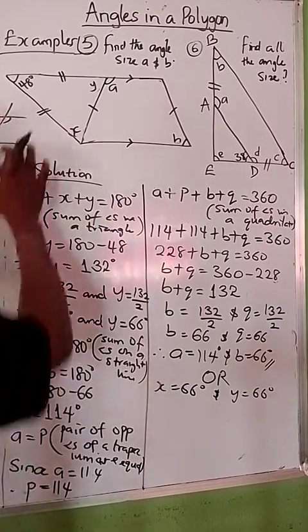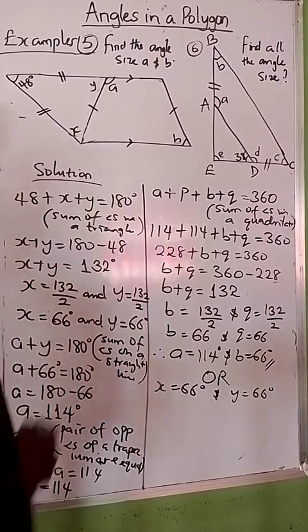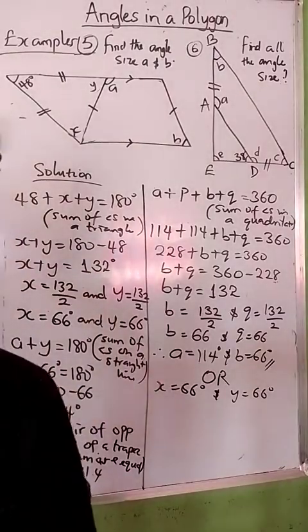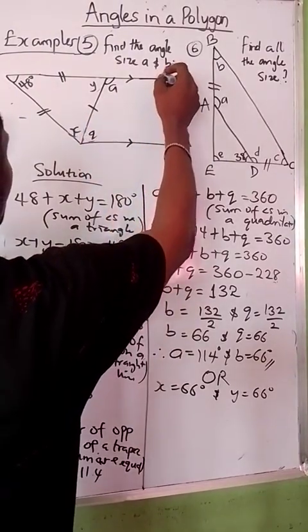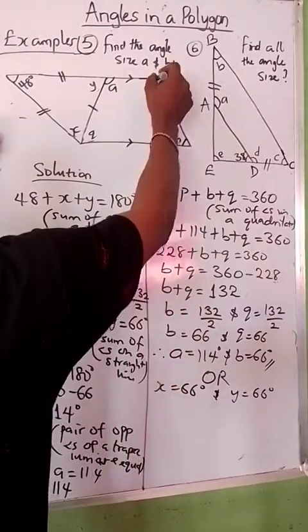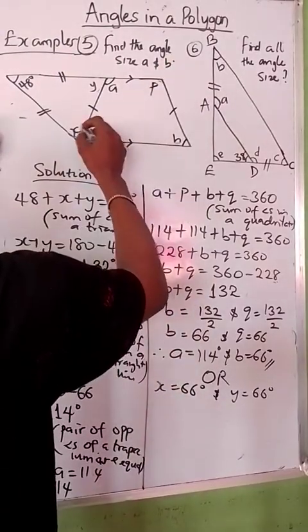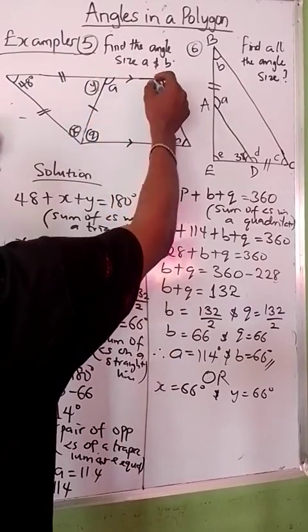Why? Alternate angles. So the angles I gave, B and Q. So this Q and P. Okay, maybe I shouldn't have cancelled it.